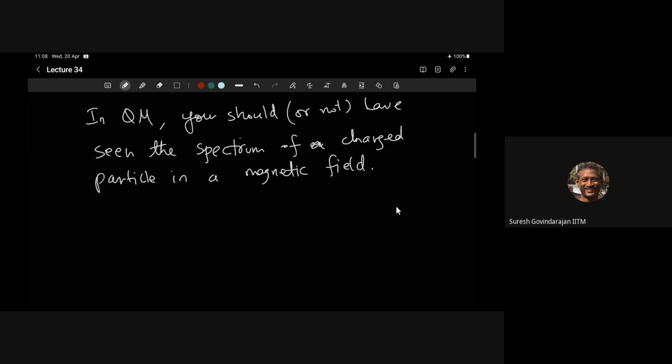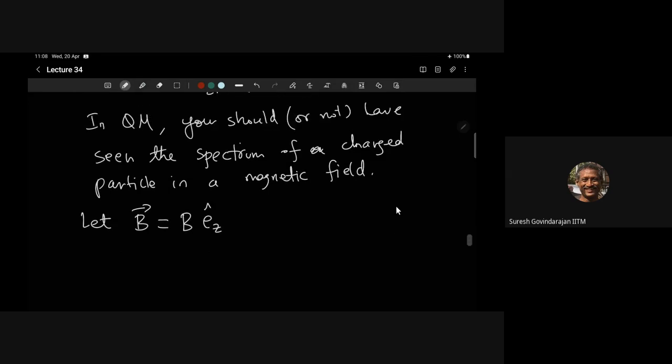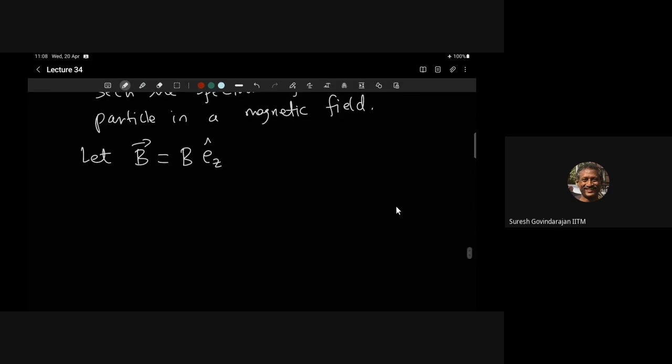I'll give you the spectrum and describe it. I think I put up something on Moodle where you can derive the exact wave functions, etc. The problem is that we'll take the B vector to be some constant B aligned along the Z direction. And we will assume that the electron is in some kind of sample. I'm drawing it like a cylinder, but it could have any cross section.